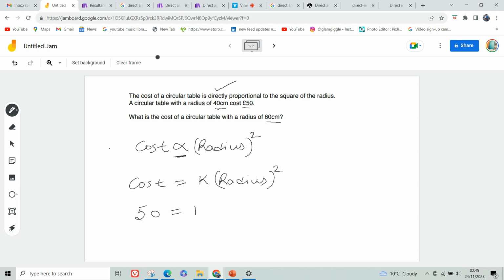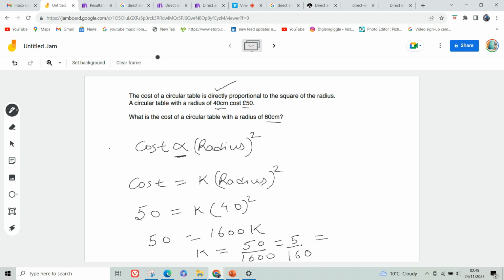50 equals k times 40 squared. Just rearranging the equation, first let's expand it, so you will get 1600 times k. Rearranging the equation, you get k equals 50 over 1600, or simplifying it to get 5 over 160.